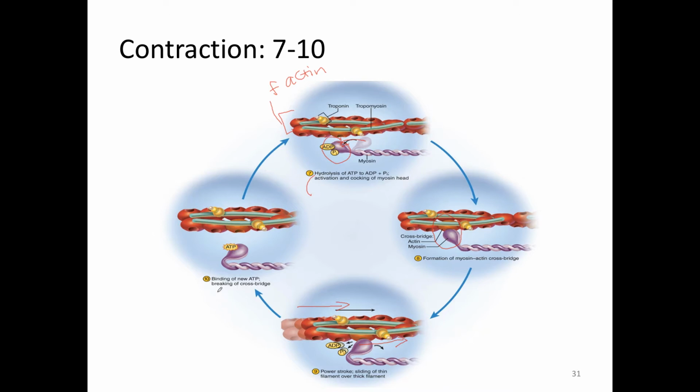So, in order for the myosin to let go of the actin, a new ATP has to come along and bind to the myosin head. If you don't have any ATP available to bind to the myosin head, the cross bridge will remain in place.